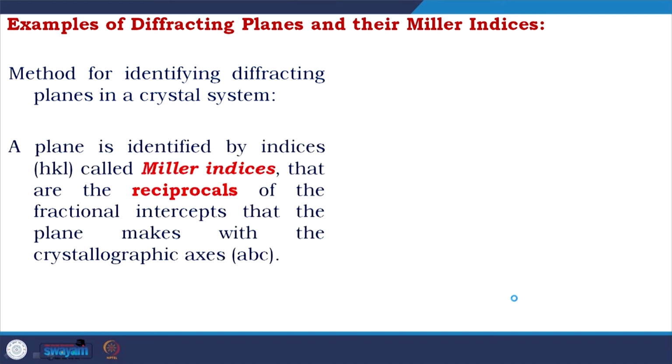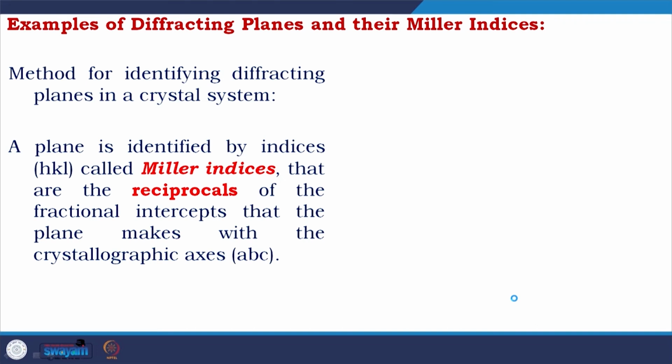A plane is identified by indices HKL, called Miller indices, that are the reciprocals of the fractional intercepts that the plane makes with the crystallographic axes, or the real axes. So, they are inversely proportional.